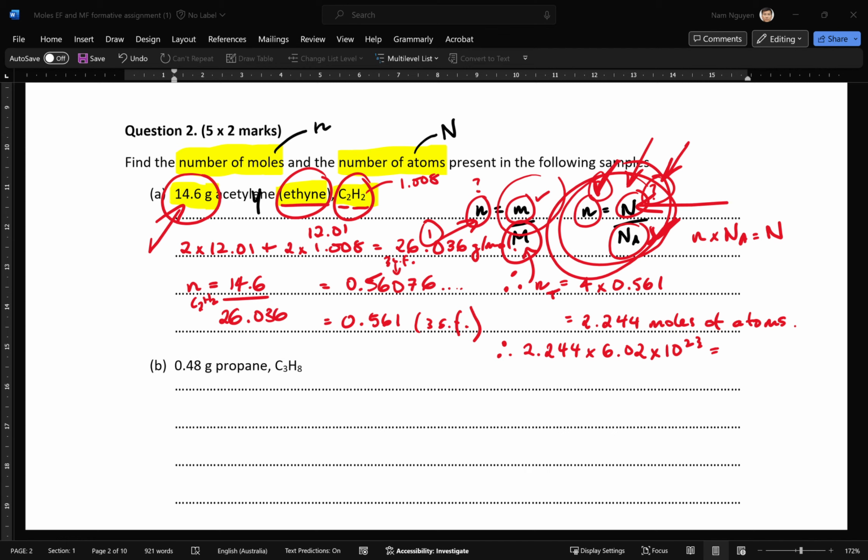How do I do powers on this? Scientific? There we go. 2.244 times 6.02 to the... Nope, don't want that. This is why using your calculator and knowing how to use it is really important, and I'm using the computer one. It's super confusing. What if I do this? 6.02. Oh, I see what it's doing.